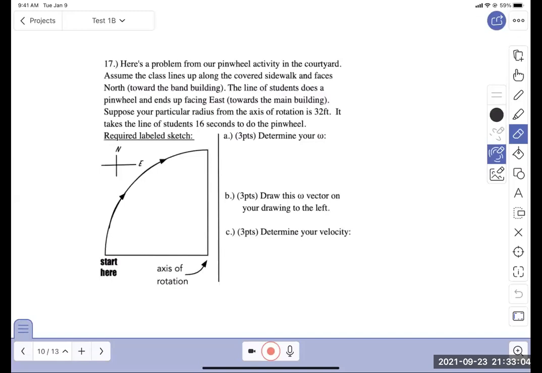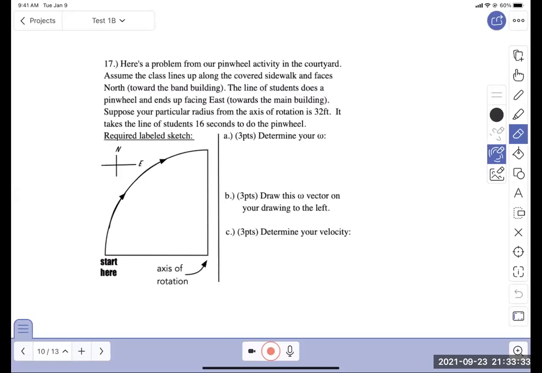Let's look at 17. 17 is always one that a lot of students miss, and it drives me crazy. But this was the pinwheel activity. So here's a problem from the pinwheel activity in the courtyard. Assume the class lines up along the covered sidewalk. Now, we didn't do this because of the goofy freshman tents that were there, but let's assume that we line up along that sidewalk, and we're facing north towards the band building.